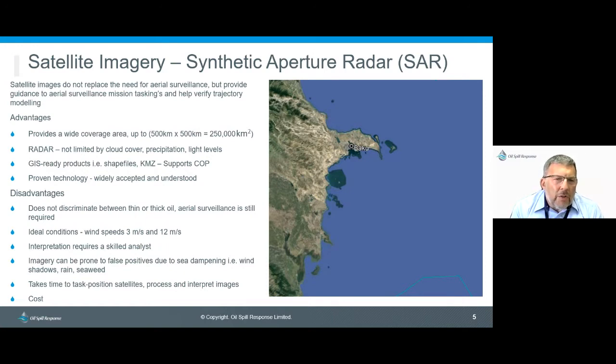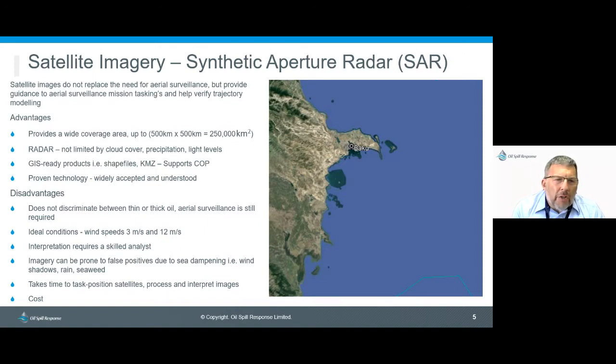Some of the aerial surveillance sensors can only be used in daylight. So, as I said, quite a useful aspect to surveying and looking for oil spills. It provides GIS products, so that's shape files and KMZ files that we can overlay into a common operating picture within the EOC or IMT, so that we can then feed into the incident action plan as well.